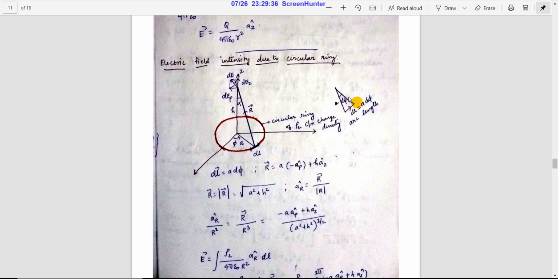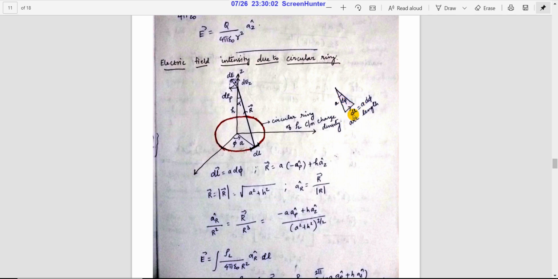As we are going to use the symmetry of this circular ring, we are going to use the cylindrical coordinate system. The angle subtended from the x-axis to that line segment can be called phi, so the line segment will subtend an angle of d phi.